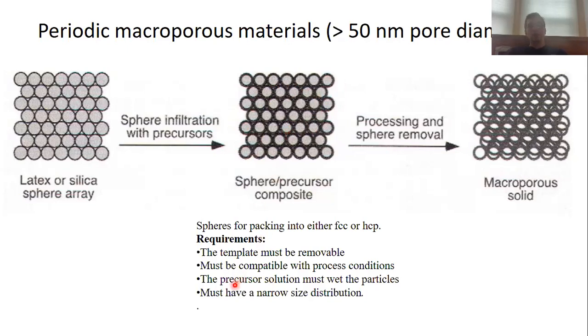And the latex or silica spheres should have a narrow size distribution, because otherwise you're not producing an ordered material. You produce a disordered material; that disordered material would still be macroporous, but if you strive for order, you would really want to use spheres that are uniform in size.